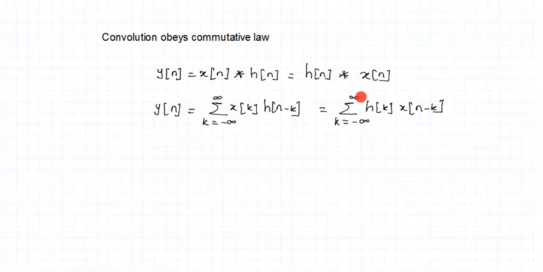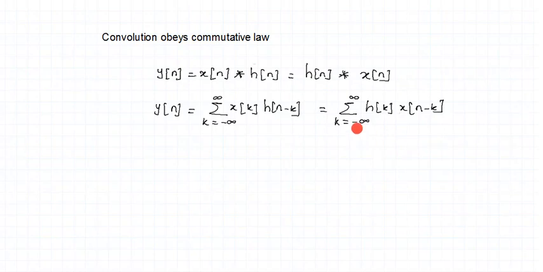In this case, if we are representing the signal as h of n convolved with x of n, we keep h of k fixed and shift and overlap x of k on this signal. Any way you solve the problem, the result is the same. The result of convolution is the same. So we can adopt any of these convolution equations to simplify the problem.